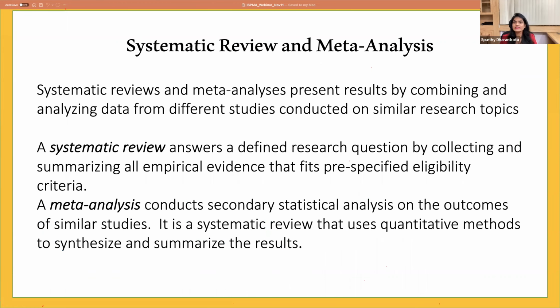So finally, I'll go over the systematic review and meta-analysis as a secondary research method. So like I said, in these reviews, you are not the primary investigator. You as a researcher are referring to secondary data resources, and that's why it's called a secondary research method. As part of that, you can summarize the literature.